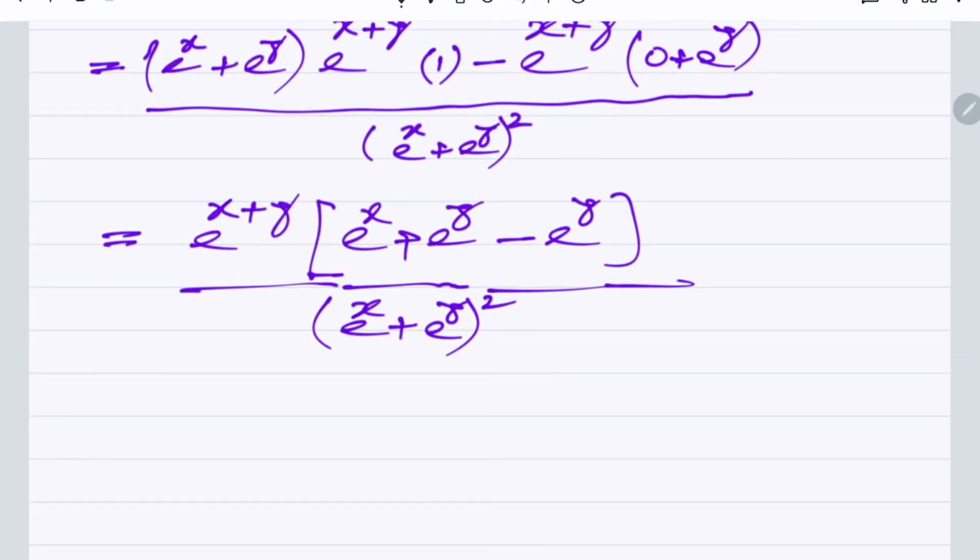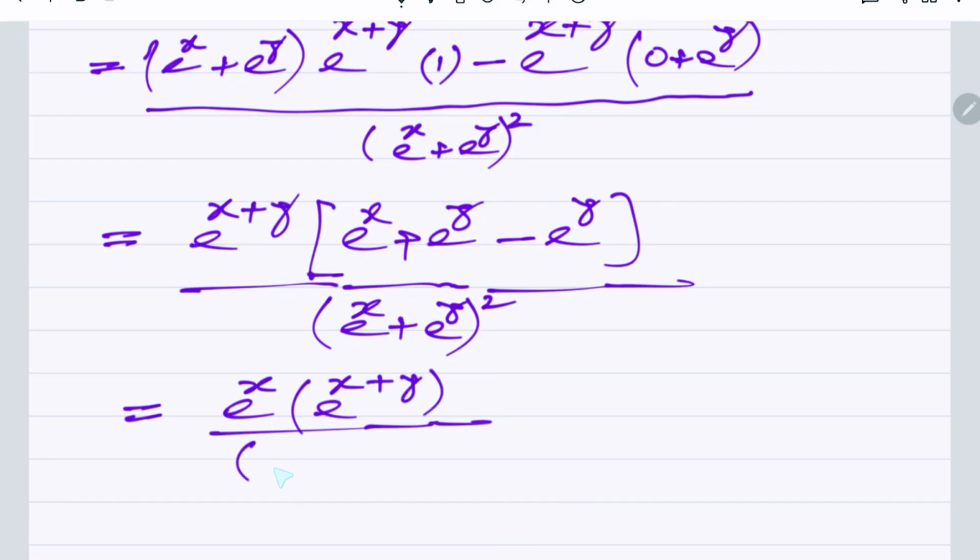E raised to y gets cancelled. We get the final answer as e raised to x multiplied by e raised to x plus y, whole divided by e raised to x plus e raised to y, bracket square, as the required answer.